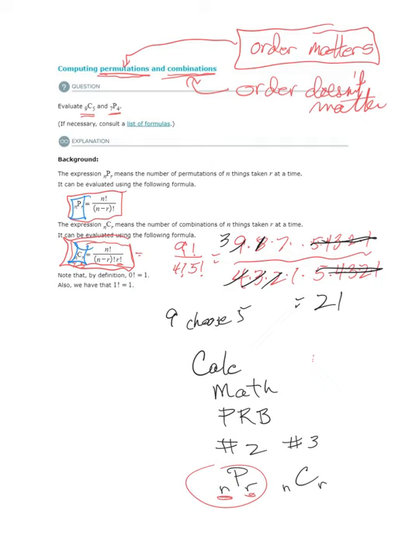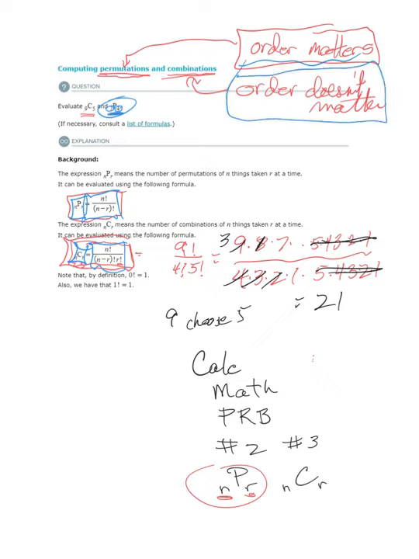If you'd like to use the formulas, those formulas will be given to you. You'll have access to those. But this is just a matter of understanding what these things mean. So this permutation here would be: I've got 7 things and I'm only going to choose 4 of them. And the order does matter if it's a permutation. Again, the more you practice with these, the more it will make sense when order matters and when order doesn't matter.